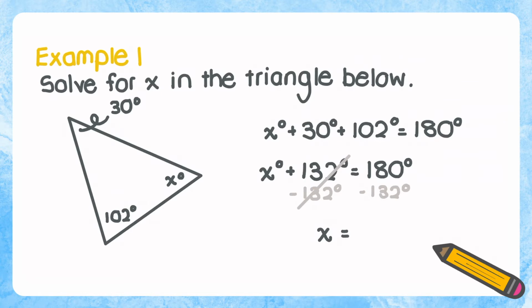We solve for x and find that x equals 180 minus 132, which is 48 degrees. So we use the fact that the interior angles of a triangle add up to 180 degrees to solve for the missing angle measure x.